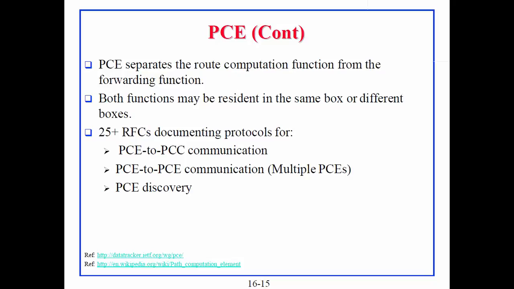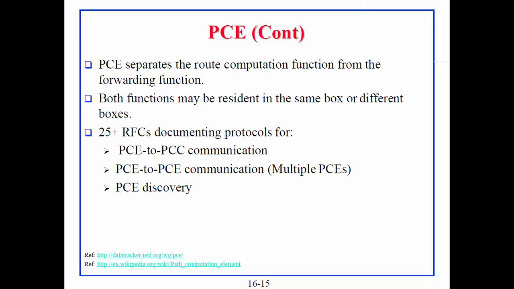The way PCE works, it separates the route computation function from the forwarding function. So you're seeing this very first step in separating control from forwarding. But this PCE server doesn't matter where it's resident.